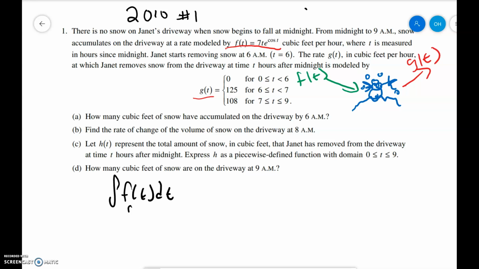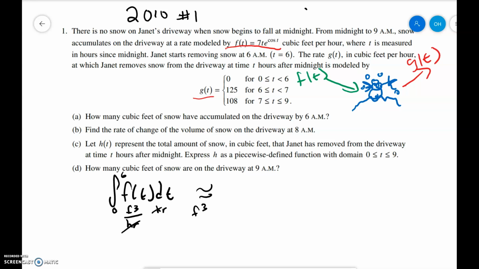If you think about it, this is cubic feet per hour for f of t. dt is delta t, or the change in time, so multiplying by hours, and those would cancel and give me cubic feet. So I put this in my calculator and I integrate it from 0 to 6 a.m.